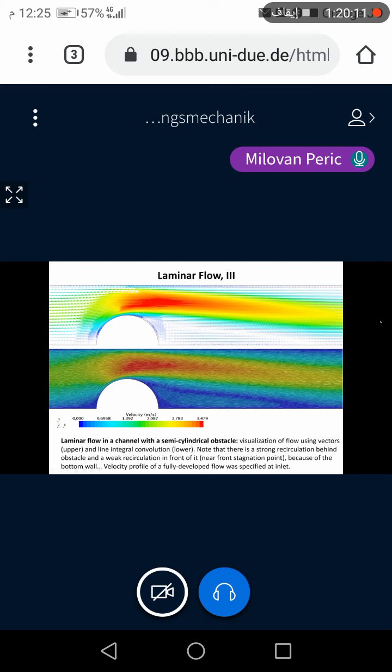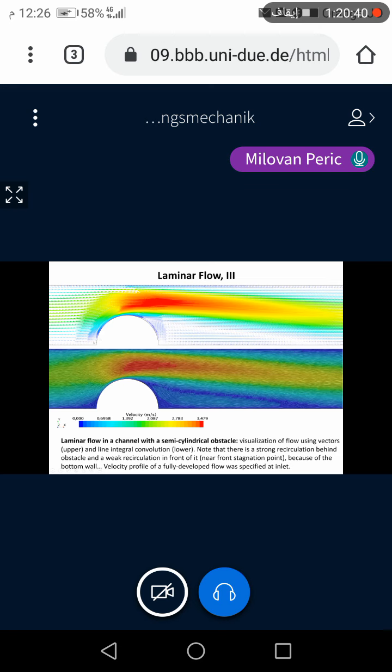It goes kind of straight, not quite straight, but a little bit further down to the middle of the channel. And you may also get separation at the top wall behind the obstacle, but there are two separations on the obstacle. One is the large separation behind, and there is also a small separation at the front stagnation point, because we have a wall here where we have an adverse pressure gradient.